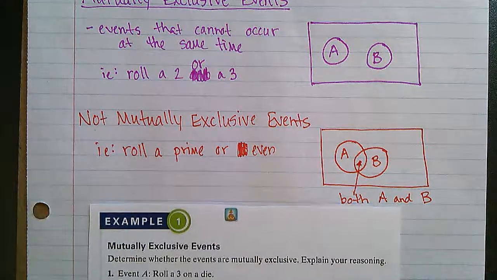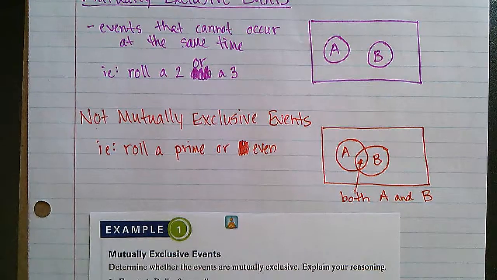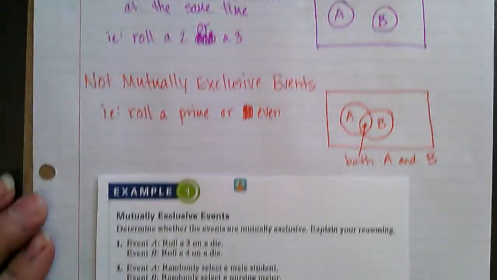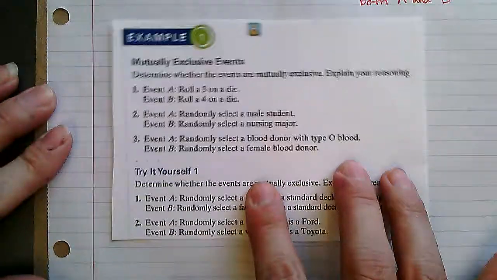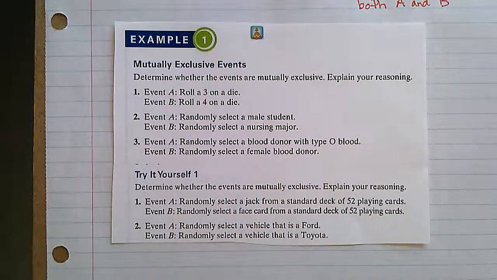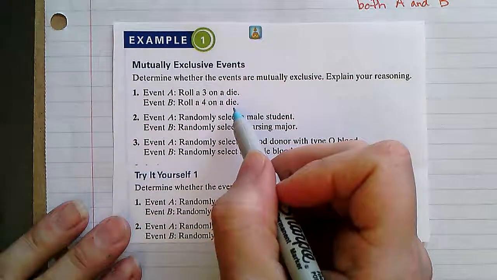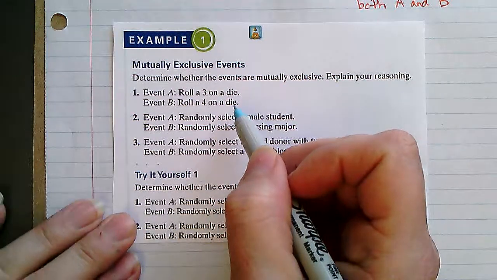First, we're going to practice identifying if things are mutually exclusive or not mutually exclusive. Determine whether the events are mutually exclusive and explain your reasoning. We'll explain it. I'm not going to probably write it down. Rolling a 3 on a die and rolling a 4 on a die.